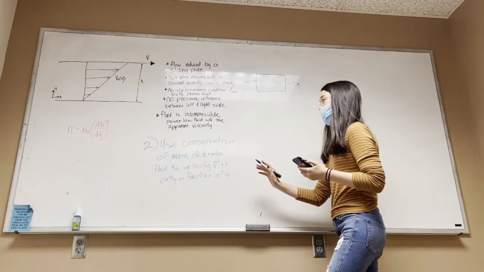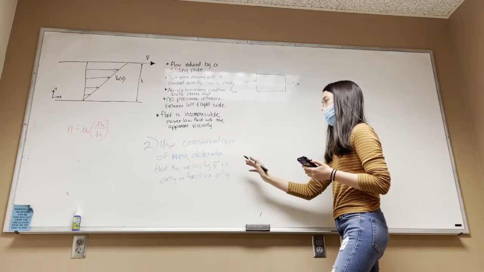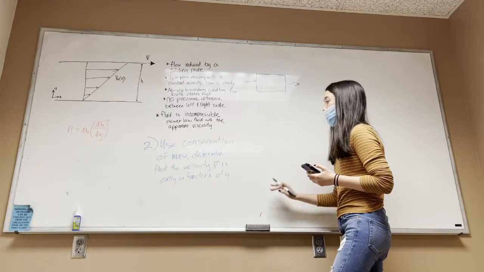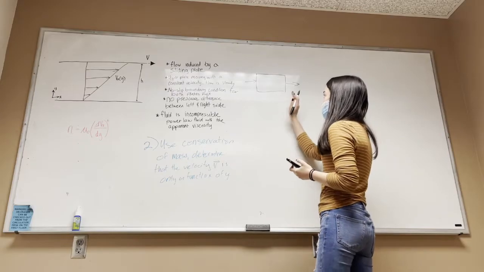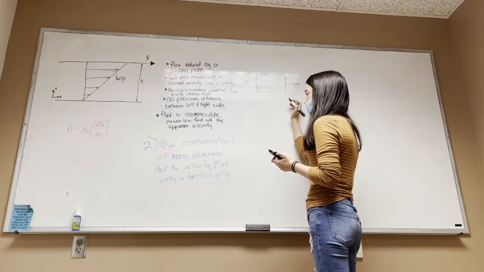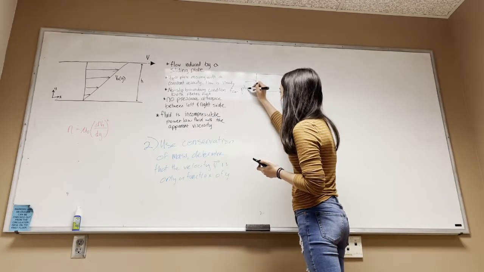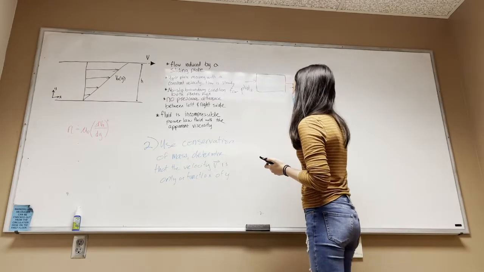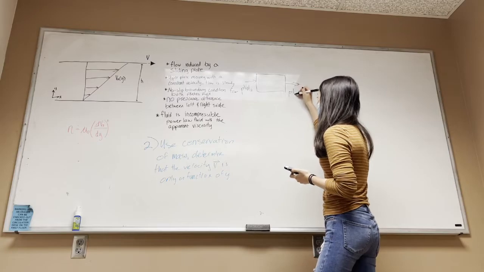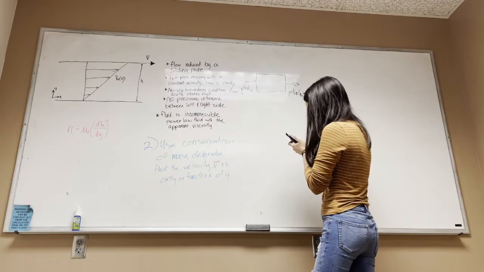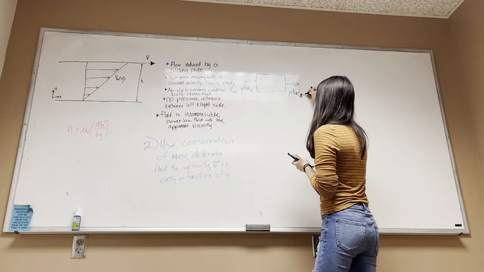So we're trying to use the conservation of mass to determine that the velocity is only a function of y. And so we take a control volume, and using the conservation of mass, we know that rho vx at x is equal to rho vx at x plus delta x.